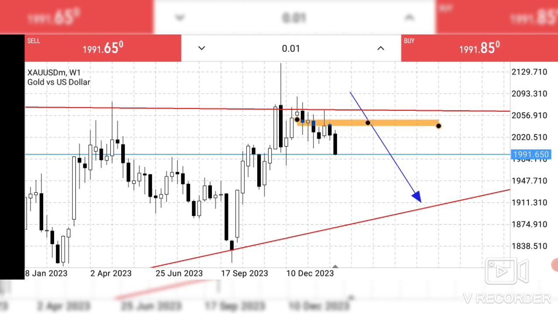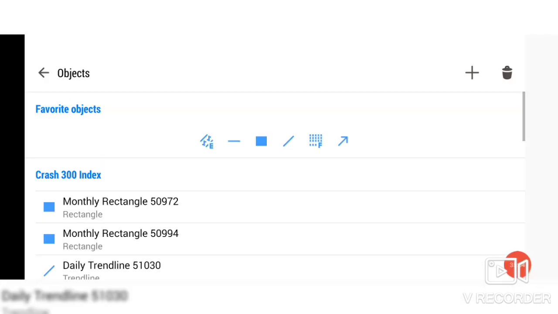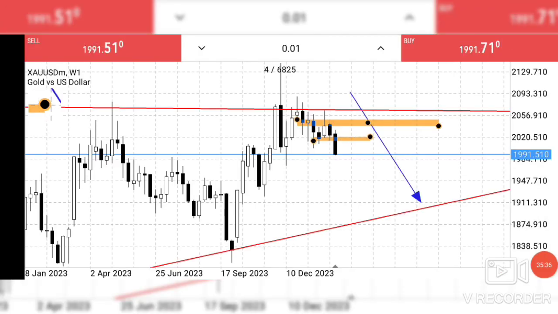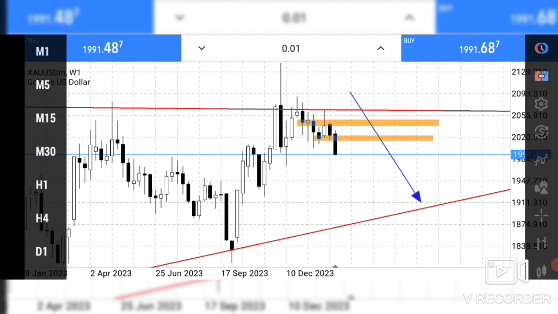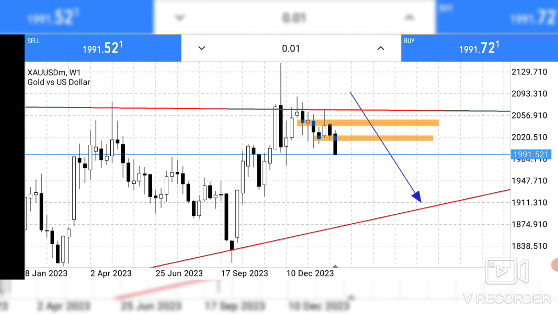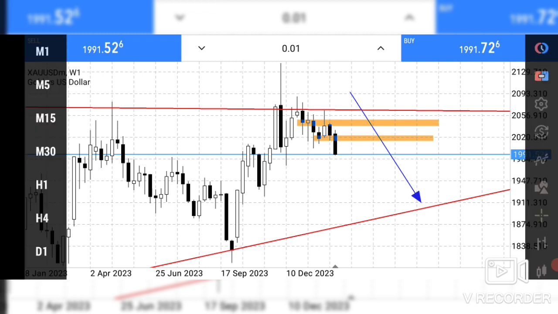Price broke it and retested it, and then we have a new break here. Okay, the price is pushing down. So gold is going to hit 1911 or even the 18 series. It's possible.